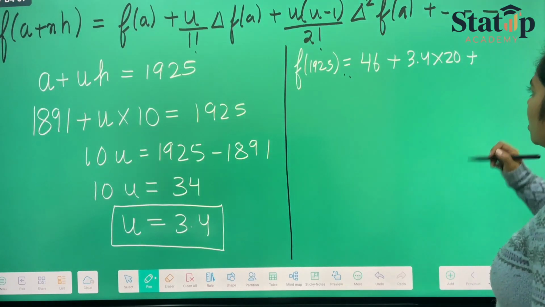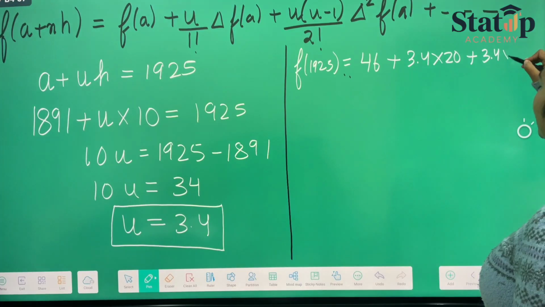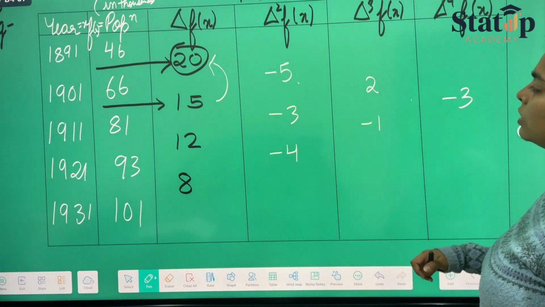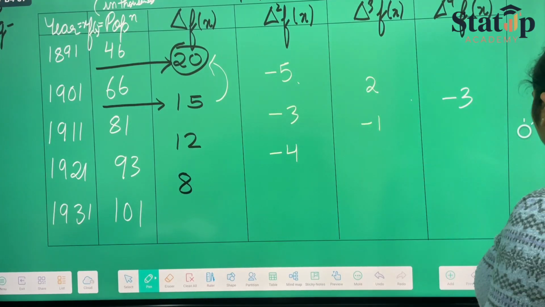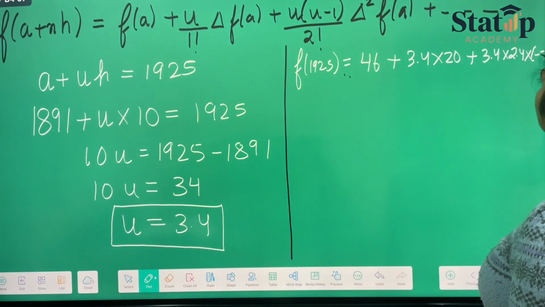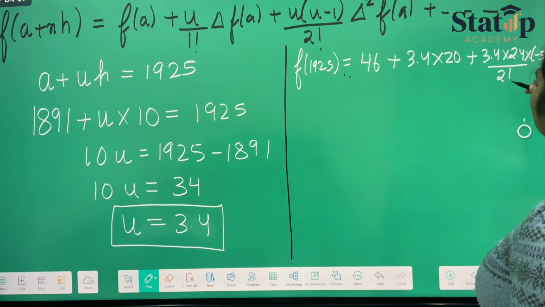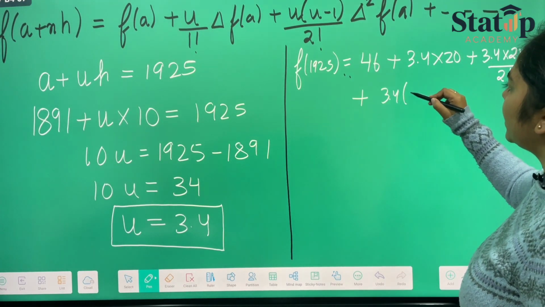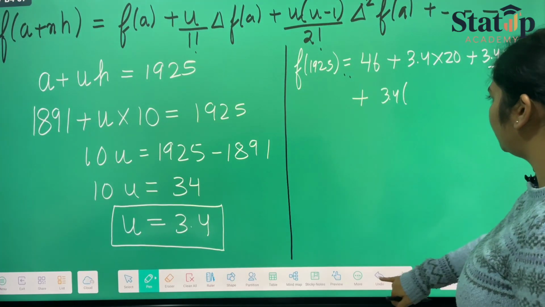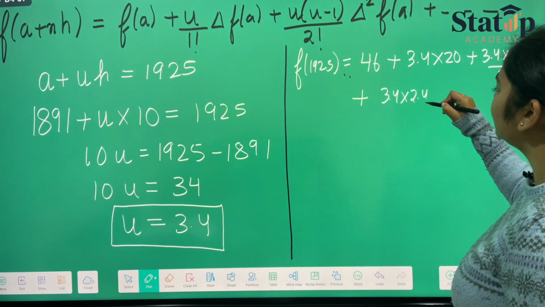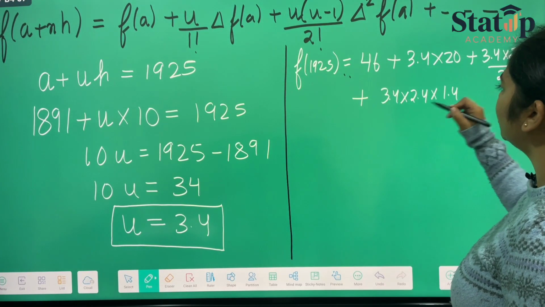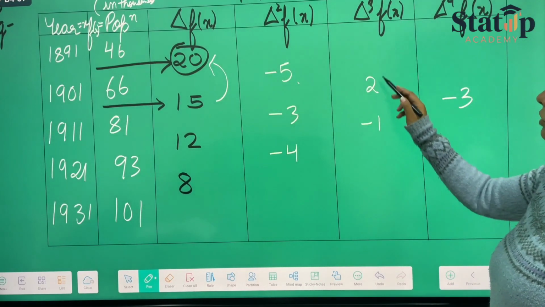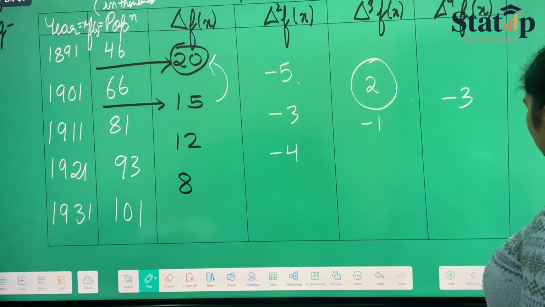U minus 1. So u will be 3.4, u minus 1 will be 2.4, and delta square of f will be minus 5. So we'll put it here minus 5 upon 2 factorial. Plus u will be 3.4, u minus 1 will be 2.4, and u minus 2 will be 1.4 upon 3 factorial into, we'll multiply with the next first term, which is 2.